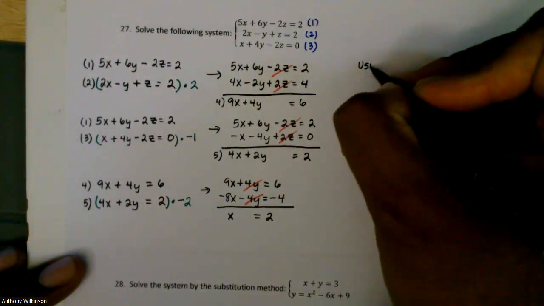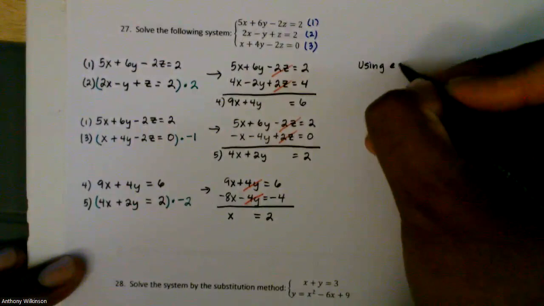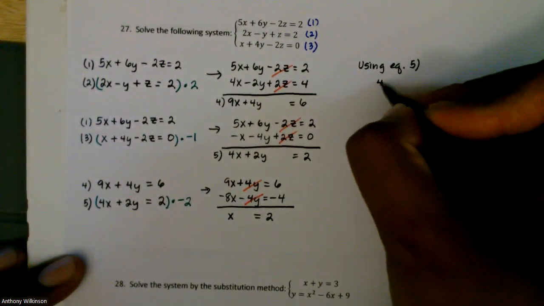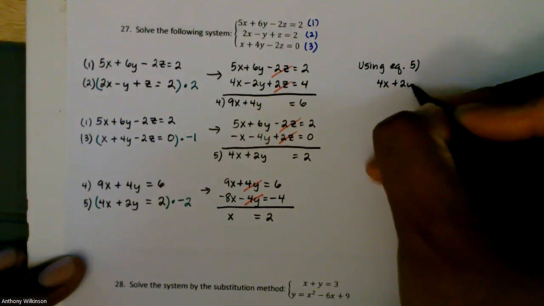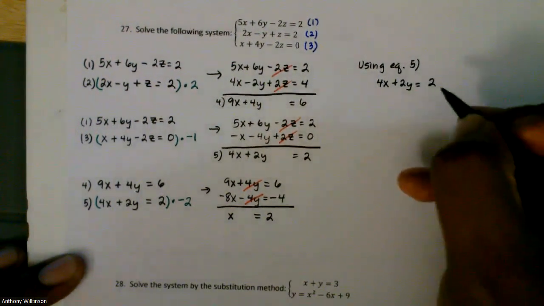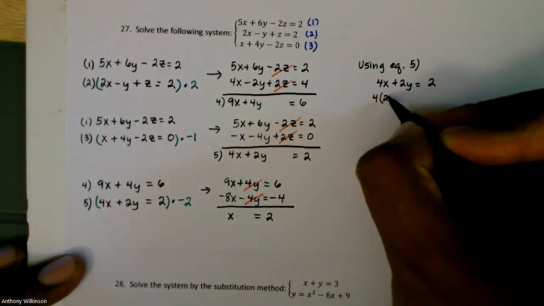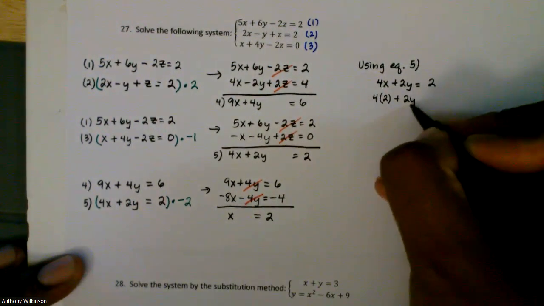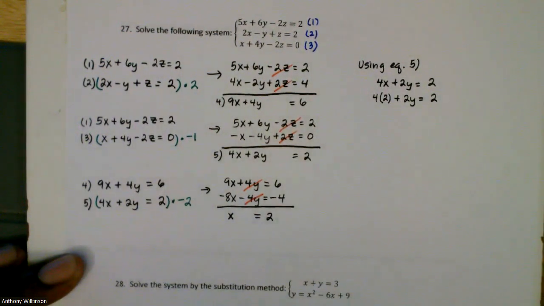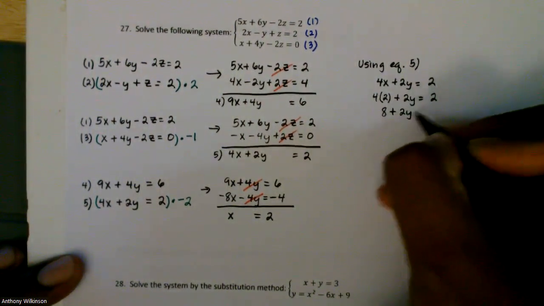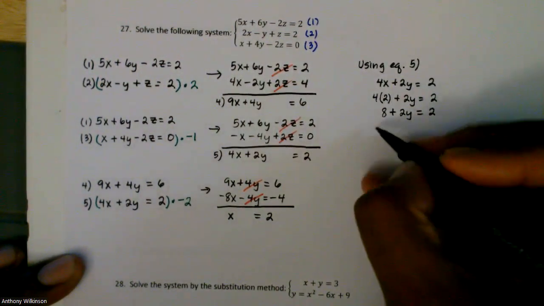So using equation 5, which is 4x plus 2y is equal to 2, I'm going to substitute the x with 2. So this will be 4 times x, which is 2, plus 2y. That must be equal to 2. Well, 4 times 2 would be 8. So it'd be 8 plus 2y is equal to 2.